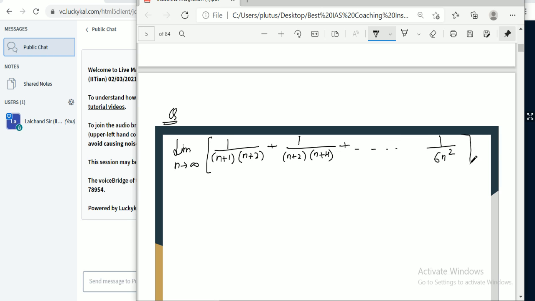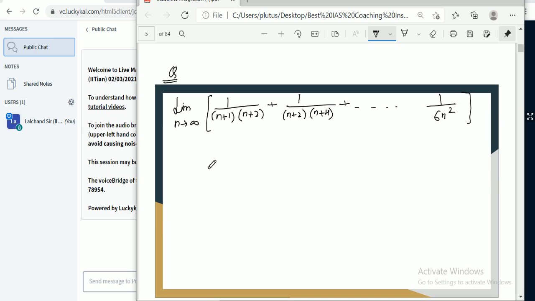We need to calculate this limit. Try this question. Can you solve this question now? Try this question.